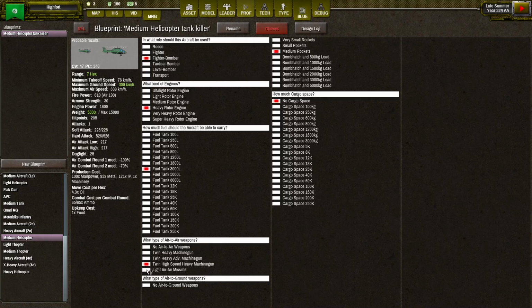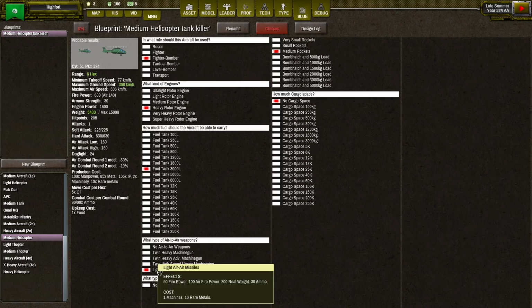But if we have light missiles, you can see in the first round minus 30%. So if the enemy doesn't have any air-to-air missiles, we have 2 rounds where we can hit them from long distance and they cannot hit back. So missiles are really good if you would like to have an advantage in air fighting. Before any dogfight, we can simply launch air-to-air missiles.